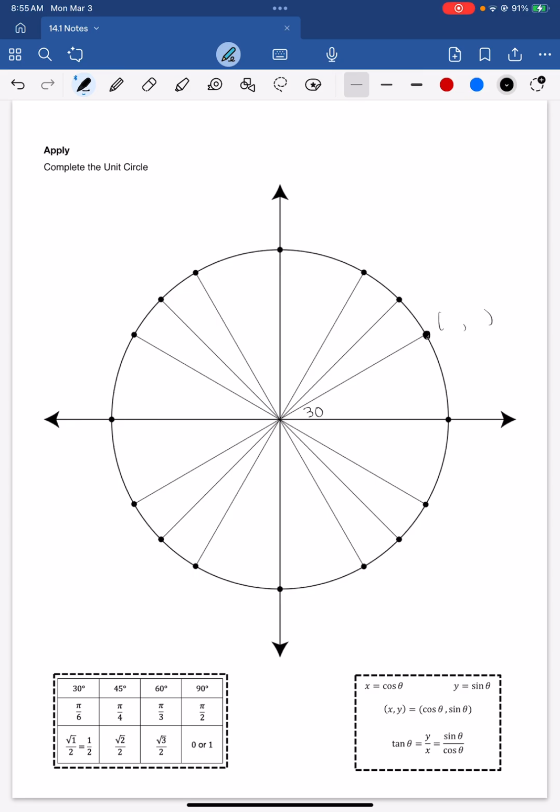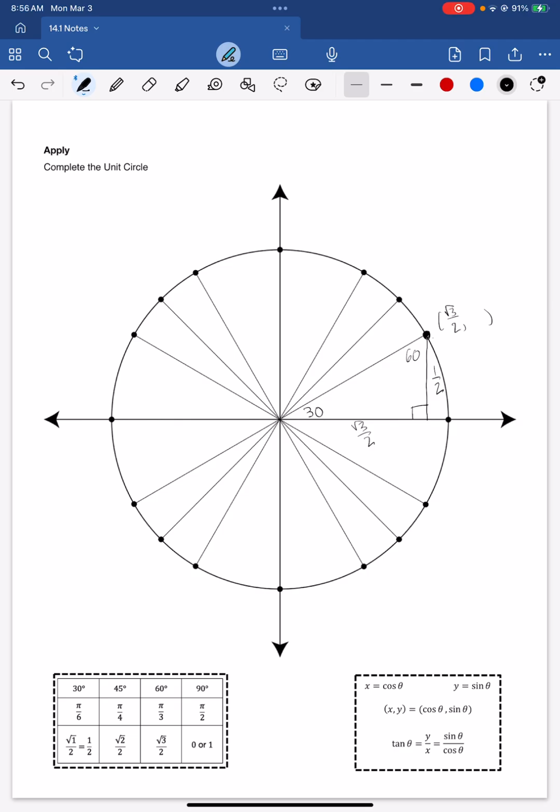Well, the way I'm going to do it is using special right triangles. So that's 30, this is 60, and now I have my 90-degree angle there. So if this is 30, across from it is 1/2. And then this value right here would be the square root of 3 over 2. Well, our x value was root 3 over 2.